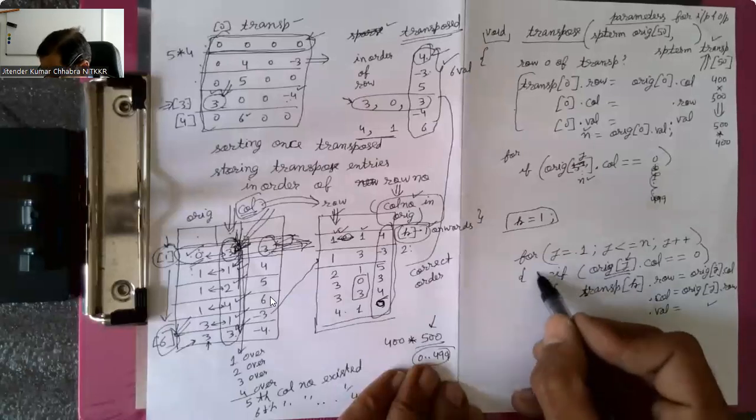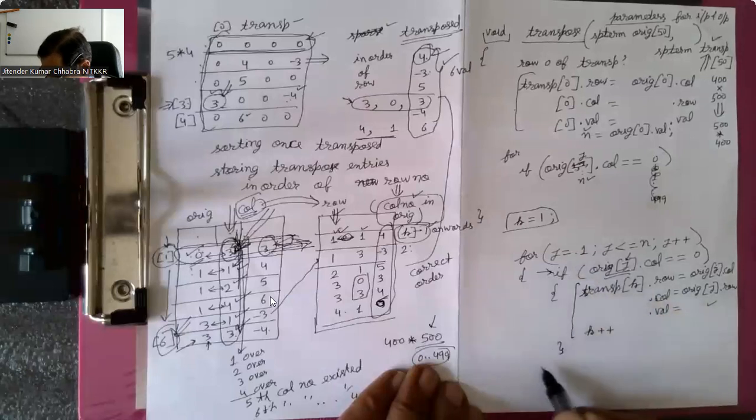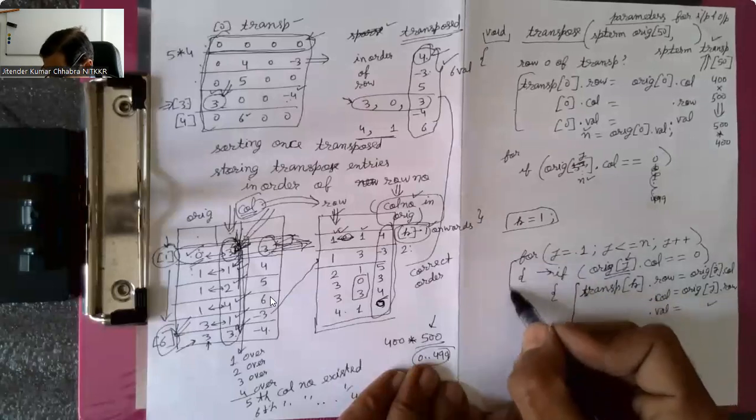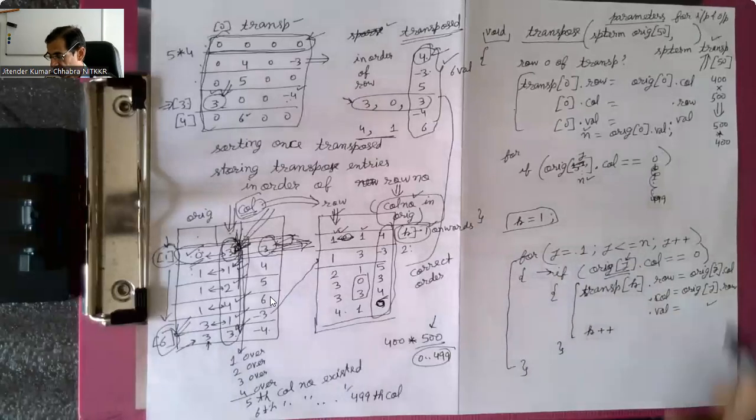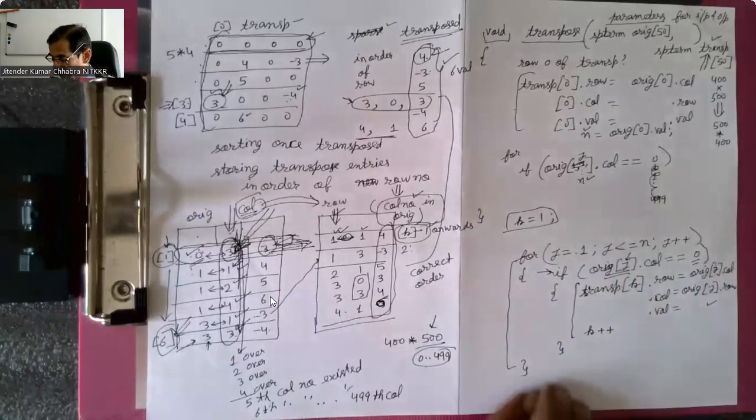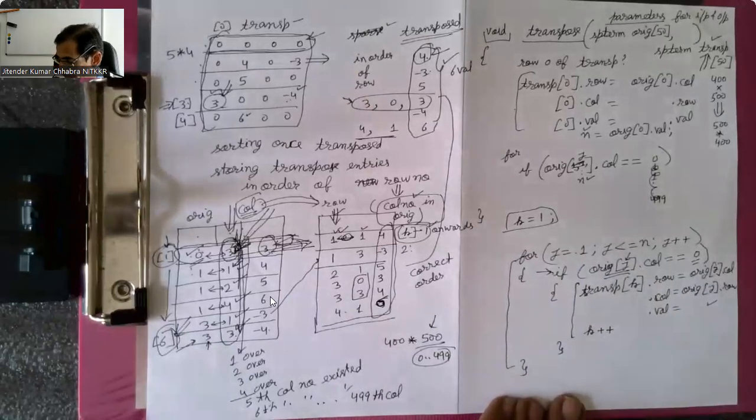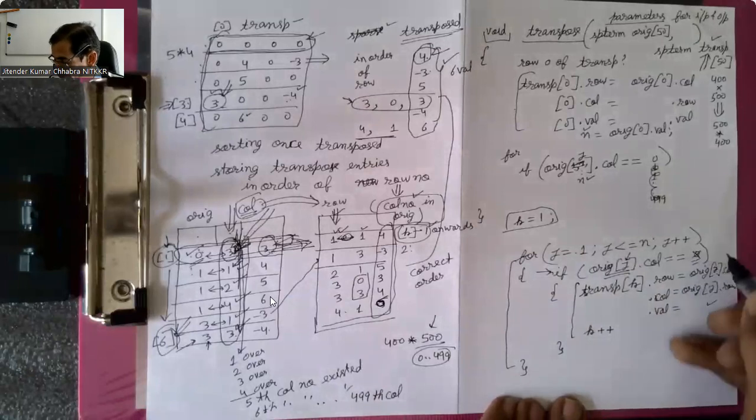So if the condition is true, effectively I'm generating the element, and this loop is to be continued for checking all entries corresponding to old column number 0, which in the transpose will become row number. Next time this 0 should be 1. Next time this should be 2.